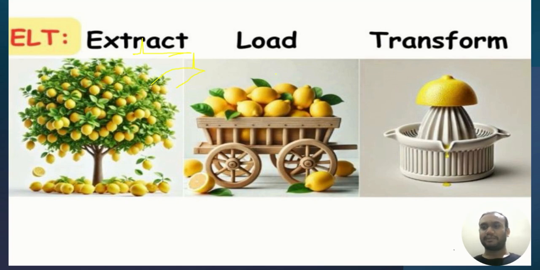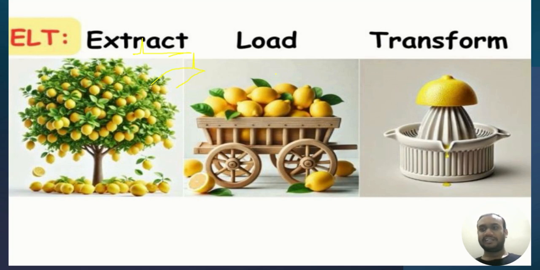You are just picking up the lemons from the trees, from your lemon garden, putting them into some bags, trolleys or trucks, and then taking them to the market and selling them to customers. One lemon, two lemons, three lemons, and based on their requirement, customers take two or four or anything, and they themselves extract the lemon juice from them.